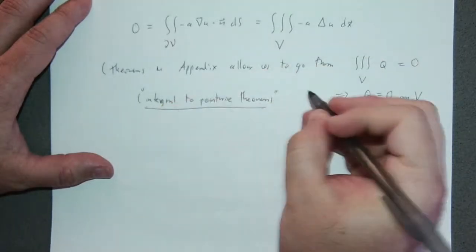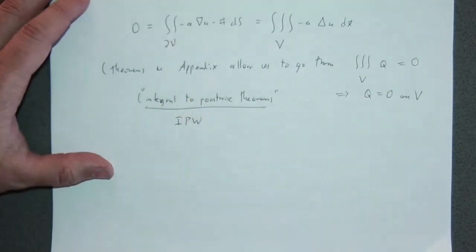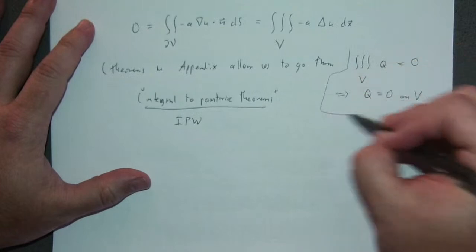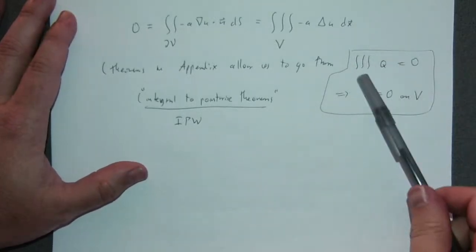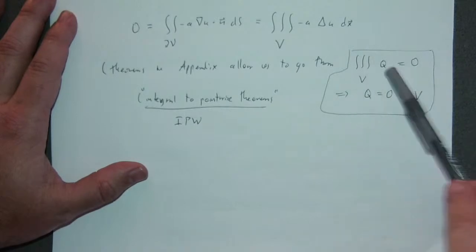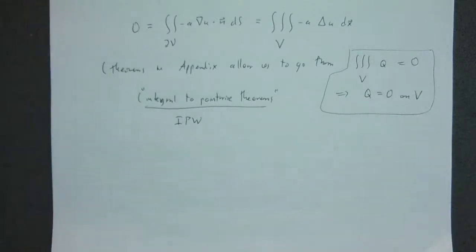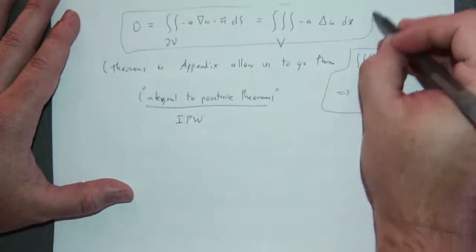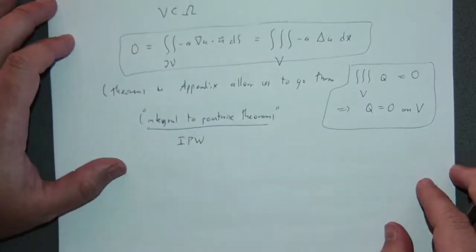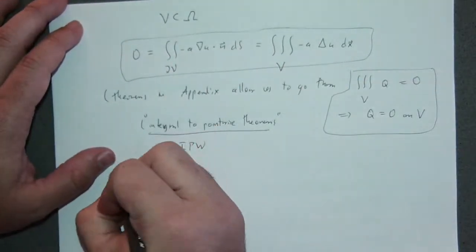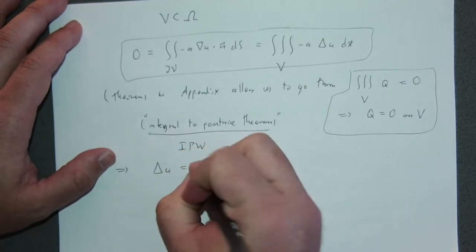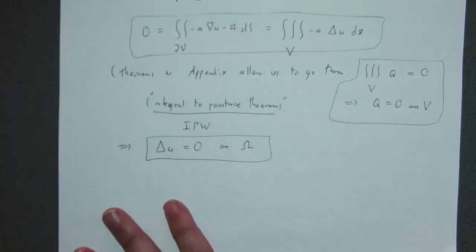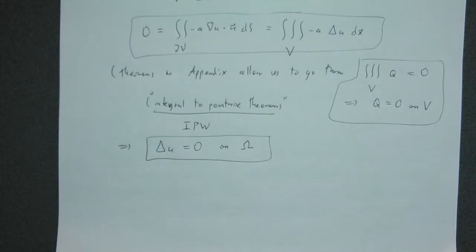The textbook calls them IPW theorems. So it goes from a statement about the integral in some form of some quantity being 0, allowing you to say that the associated quantity is 0 on the domain. Because the integral over any subdomain of omega of this quantity is 0, this means that the Laplacian of u is 0 on omega. Okay, which ends our discussion.